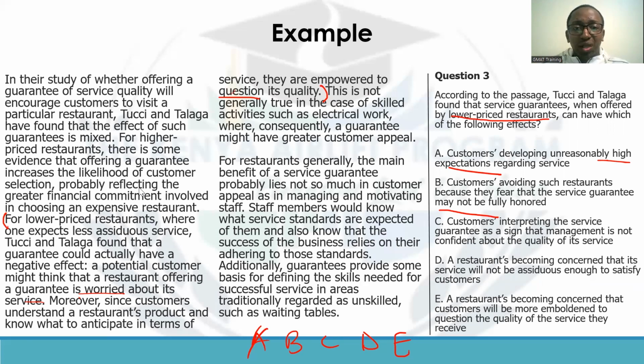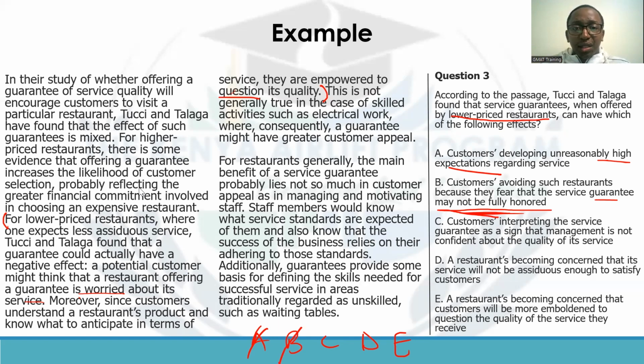So they won't go to the restaurant expecting the guarantee to be honored, so they won't fear that this service guarantee will not be honored. They may avoid going to that restaurant because they now suspect this service isn't to the expected quality. So for that, we can eliminate B.